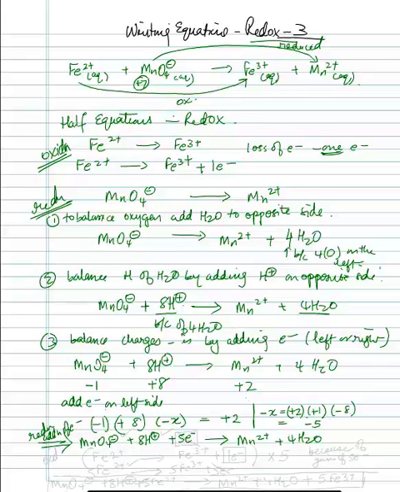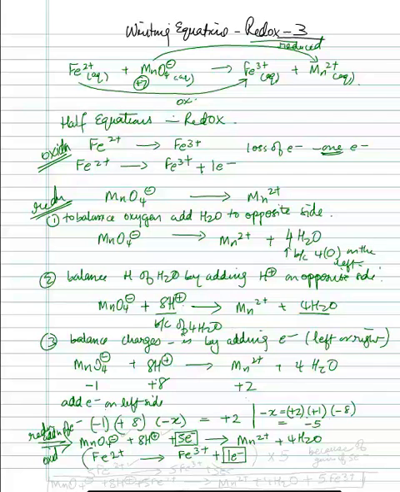Now we look at the two equations that we have, and our oxidation equation is Fe2+ to give Fe3+ plus 1 electron. But here I have 5 electrons, here I have 1 electron, which means that my transfer is not equal.